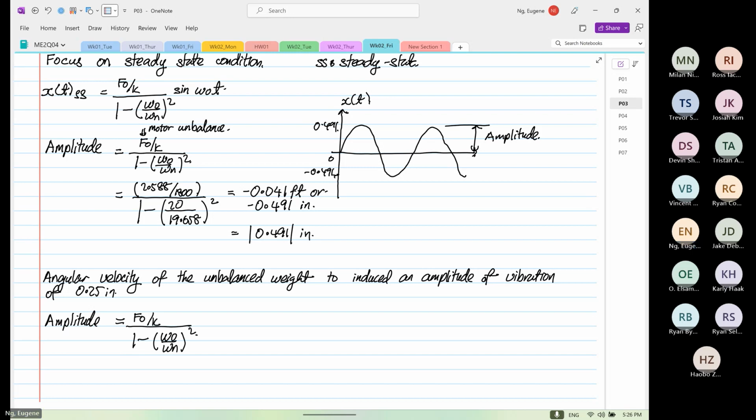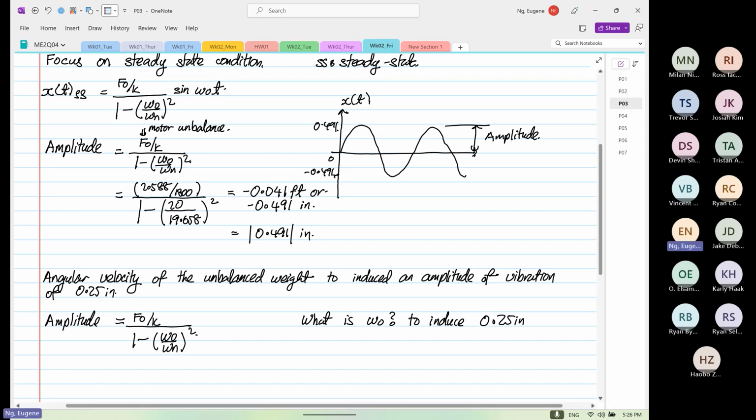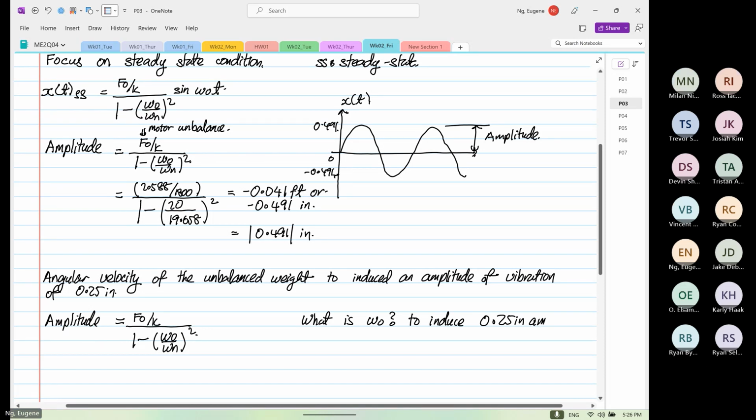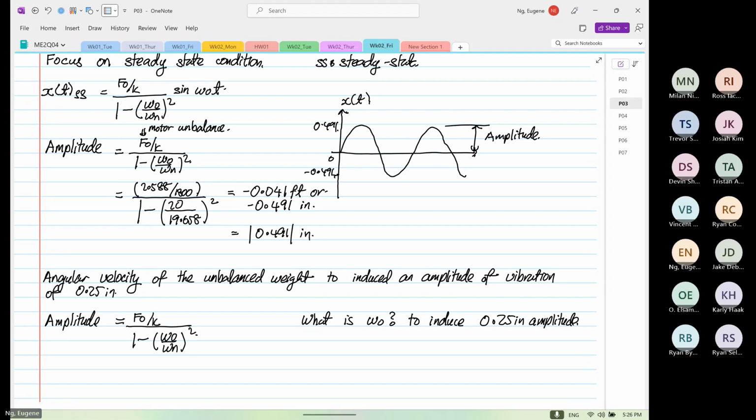So this question wants us to determine what is omega naught to induce 0.25 inch amplitude. We have to be very, very careful down here.